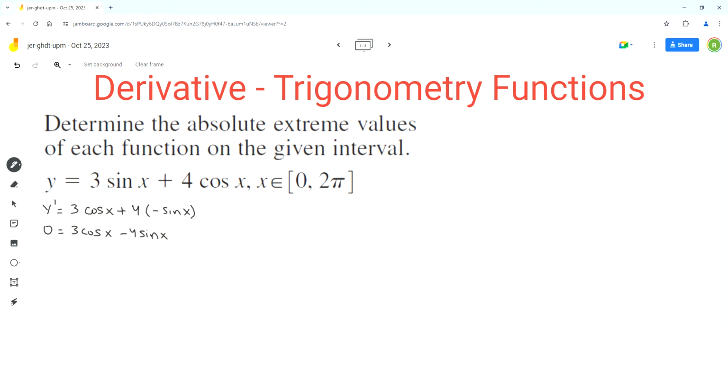Now we have to solve for x. First we should move the sine term to the left side of this equation, and that will make the sine term positive. And now we can divide both sides by cos x.